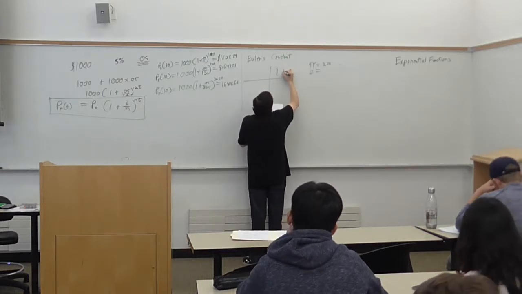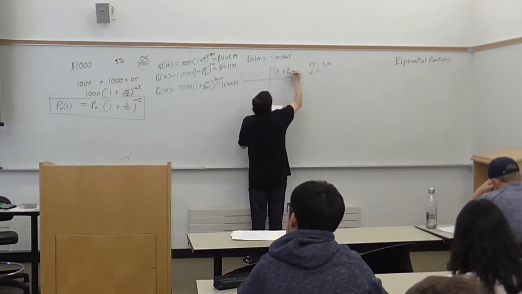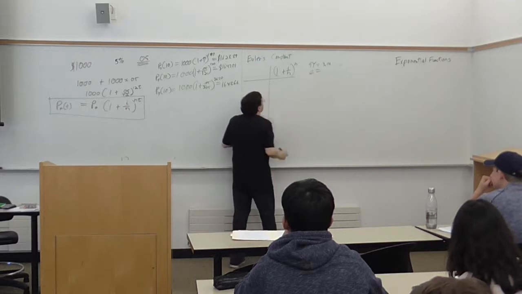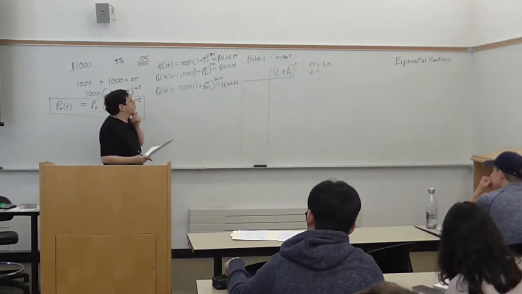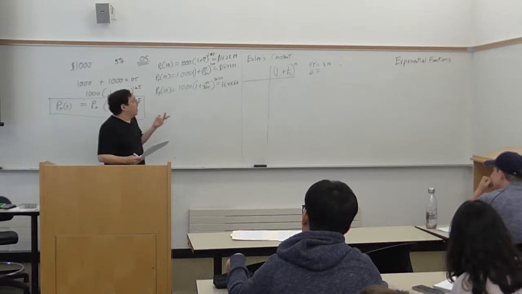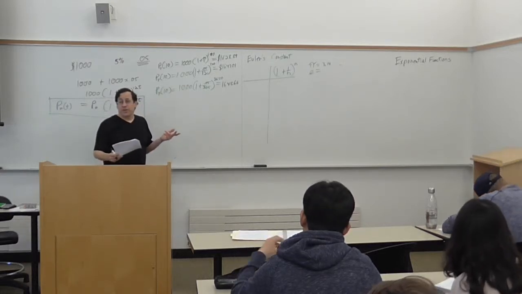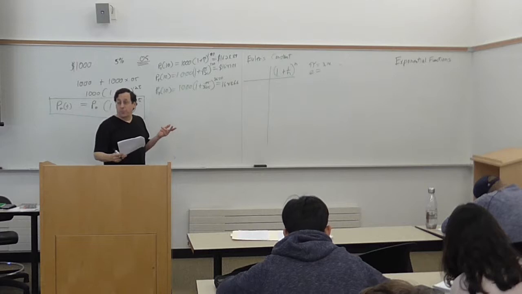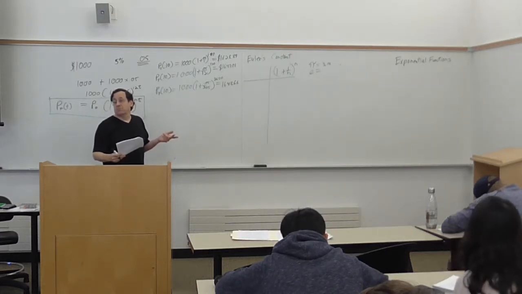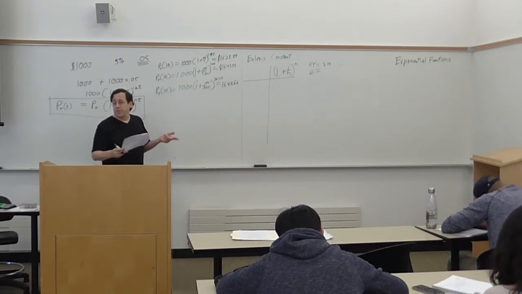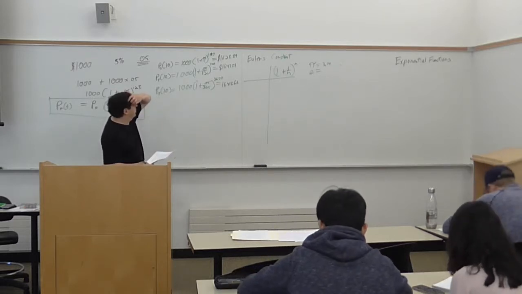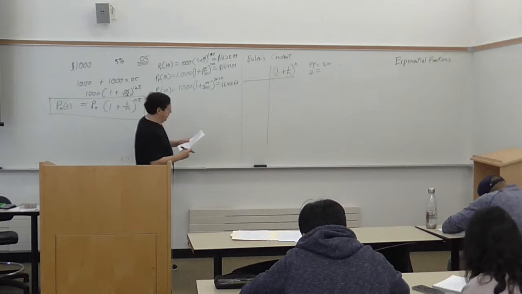We want to look at 1 plus 1 over n, raised to the n. This would be equivalent to if I had $1 and I invested it at 100% for 1 year, but at different compounding rates.